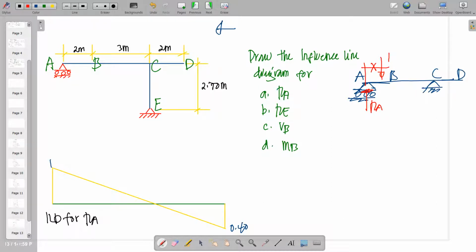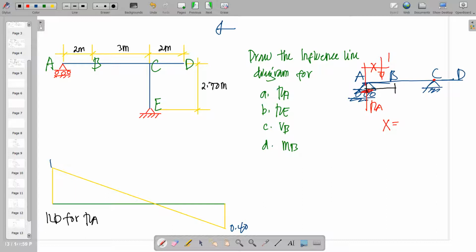Basically, we are going to take moments at C. So you'll be having distinct equations for x. Let us indicate the distances here.